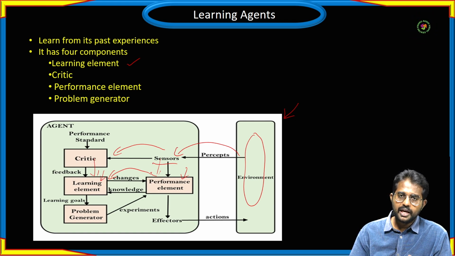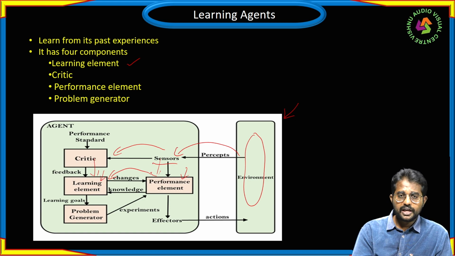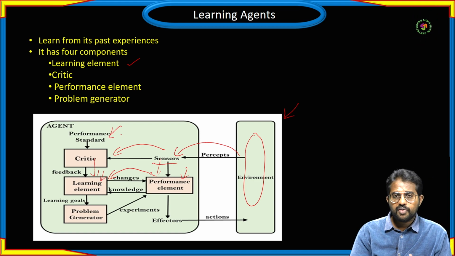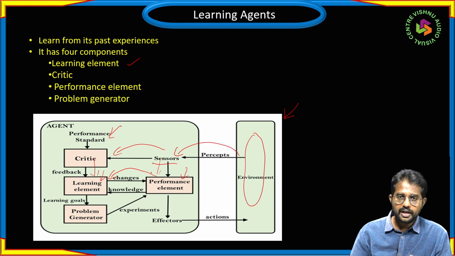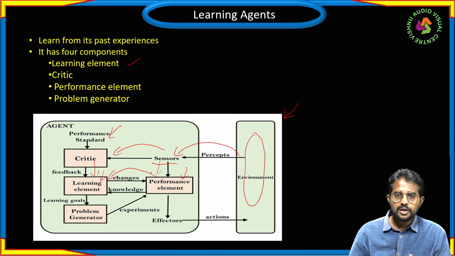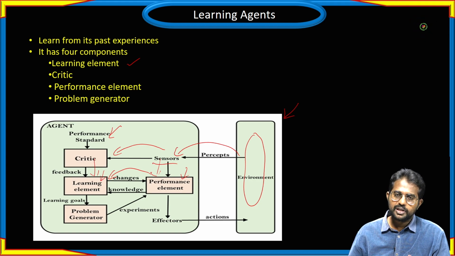If you are taking any actions based on the memory or whatever the history, you have to take Y action. Also it will check whatever actions are performed against the performance standard. If the performance of particular actions is below the performance standard, then the critic will give suggestions to the learning element to try some other, new actions, so that it will get some information on what the performance is by doing that action.